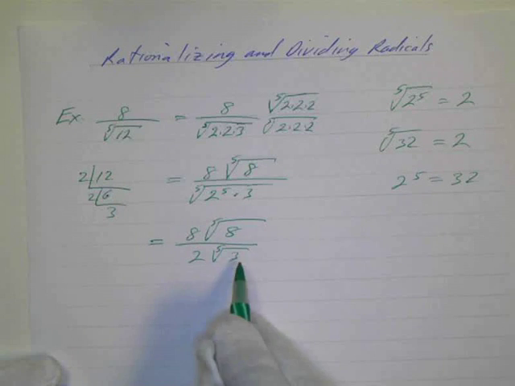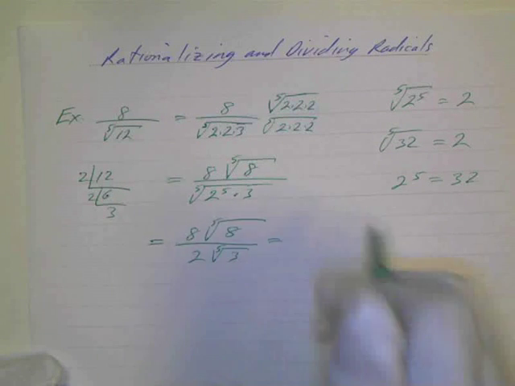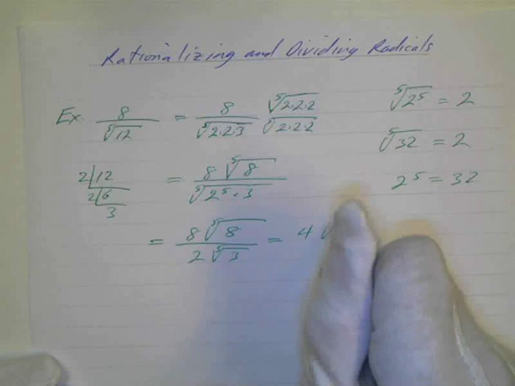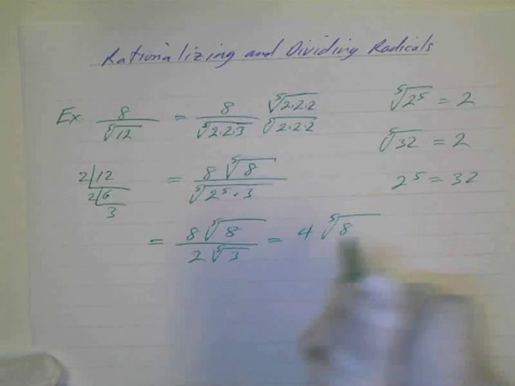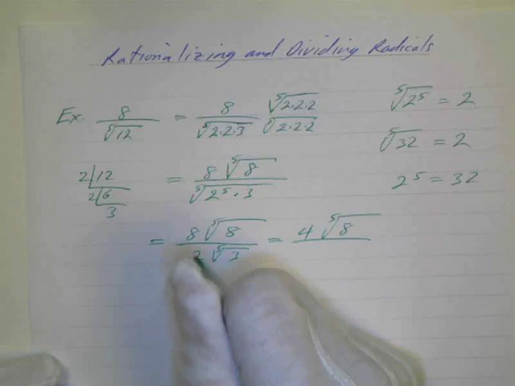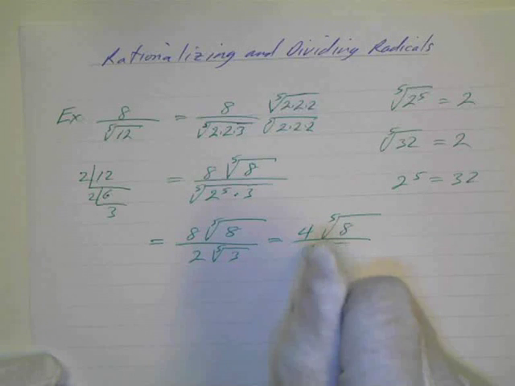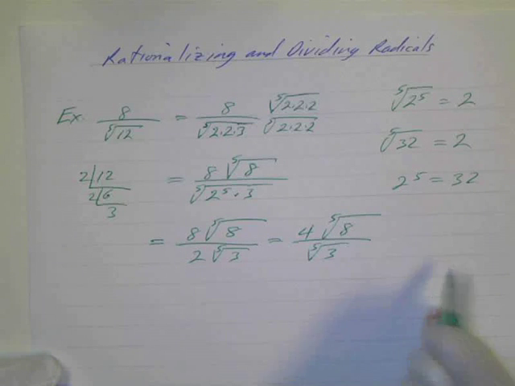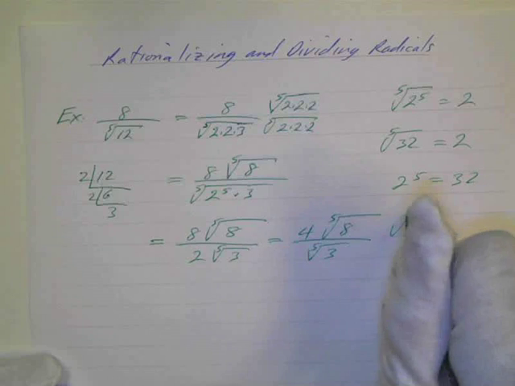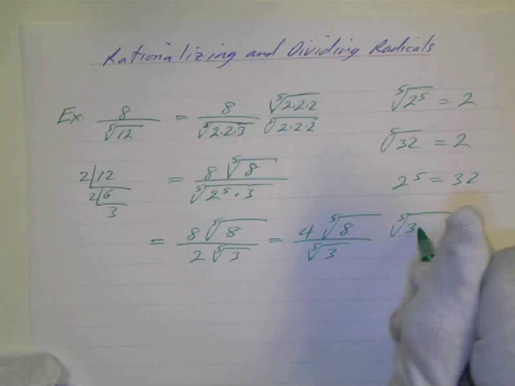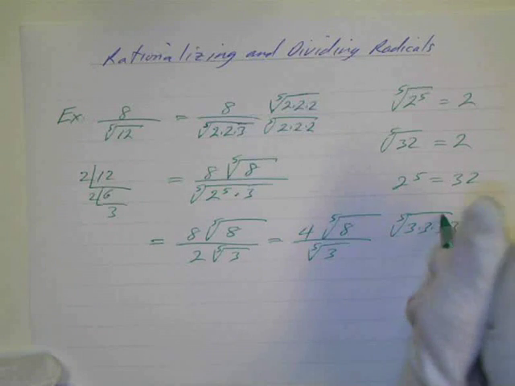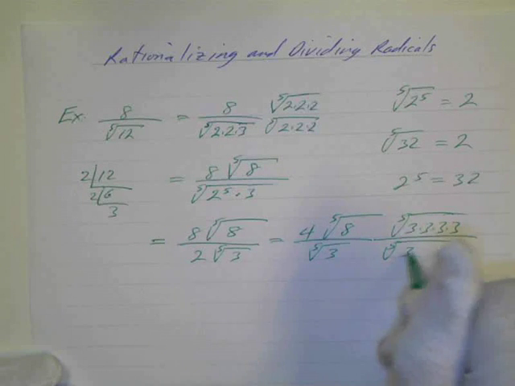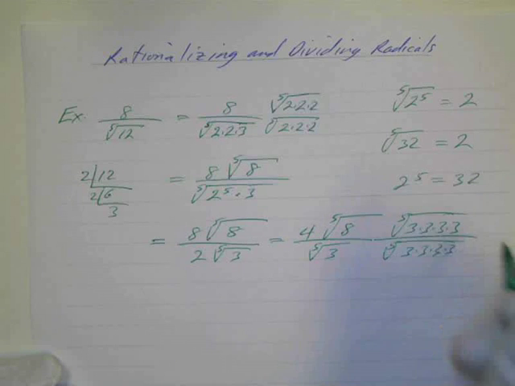And now I've got 8, 2 goes into 8 4 times, so I can simplify this a little bit. 4 times the fifth root of 8 all over the fifth root of 3, but now I've got to rationalize this, so I need 4 more 3's, so now I'm going to have to multiply by the fifth root of 3 times 3 times 3 times 3 all over the fifth root of 3 times 3 times 3 times 3.